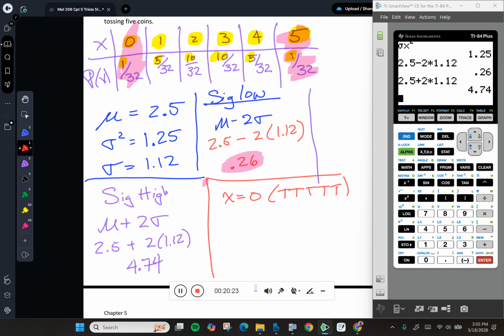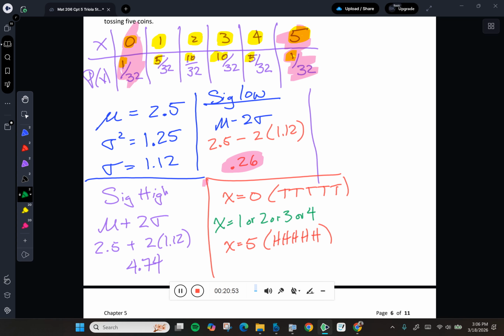Or if I saw this happen, meaning the coins landed heads, heads, heads, heads, heads, I should look at that and go, that's weird. Should that have happened? But if I saw this happen, 1 or 2 or 3 or 4, I would just go, yeah, that's cool. No worries there. Shouldn't bother with that.